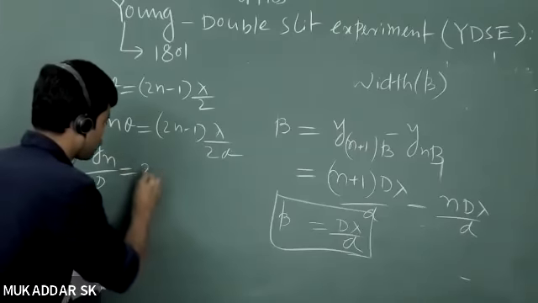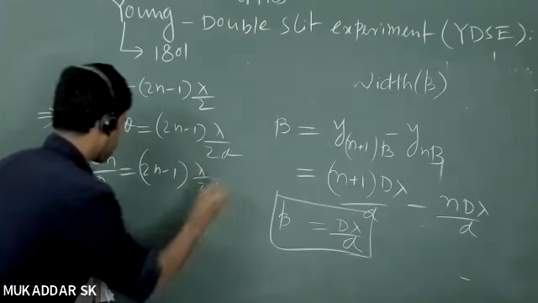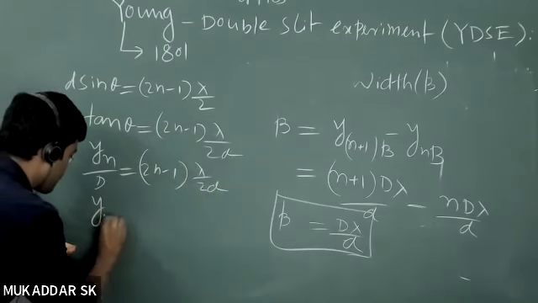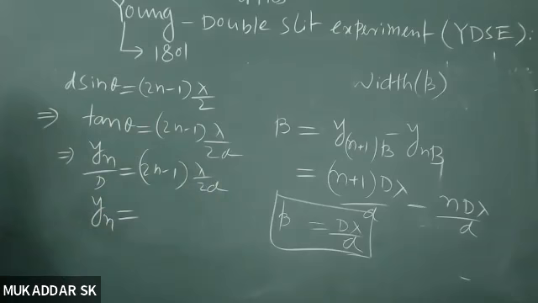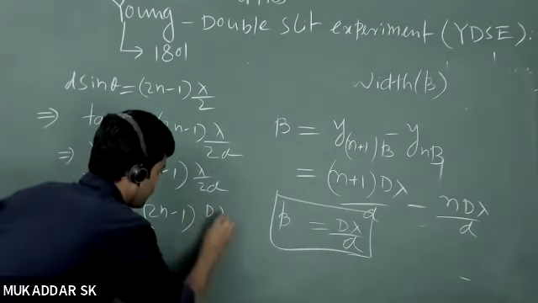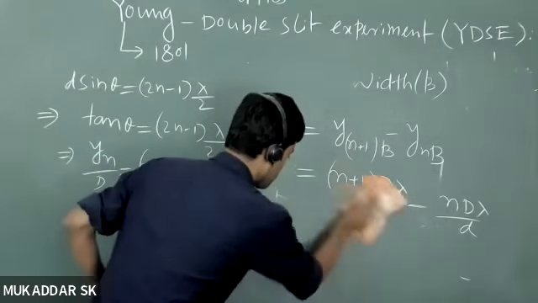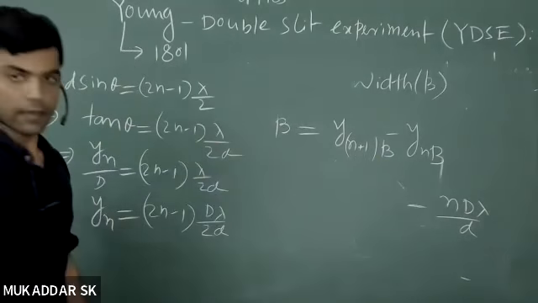That should equal 2n minus 1 lambda by 2. It means the position of the nth dark fringe will be (2n minus 1) capital D lambda by 2d. What are the values of n here? Tell me.